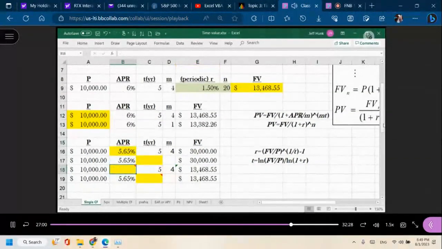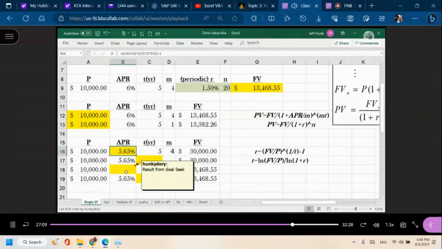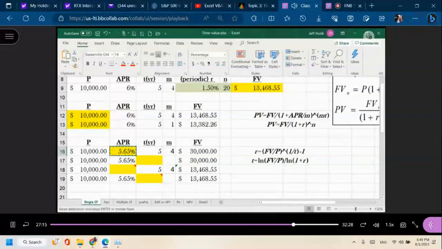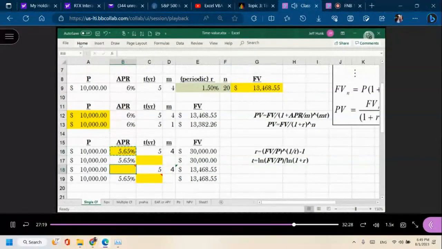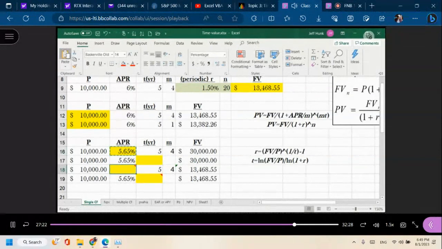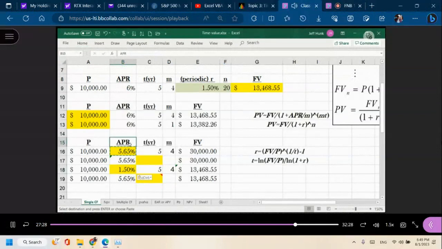So in here, we will copy this, and if it gives us 1.5, it's the correct one. Now I'm going to copy that and paste here, and I'm expecting 1.5% there. Voila, isn't it? So in other words, currently this is the periodic rate, not APR.